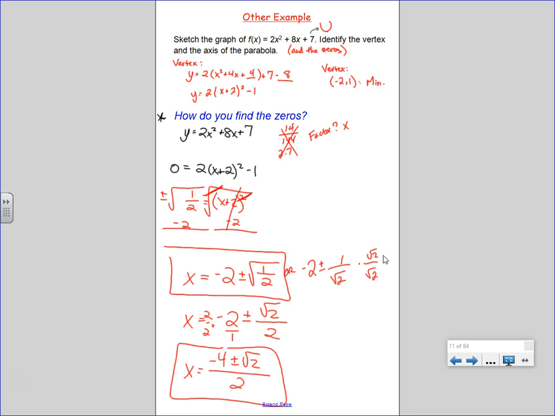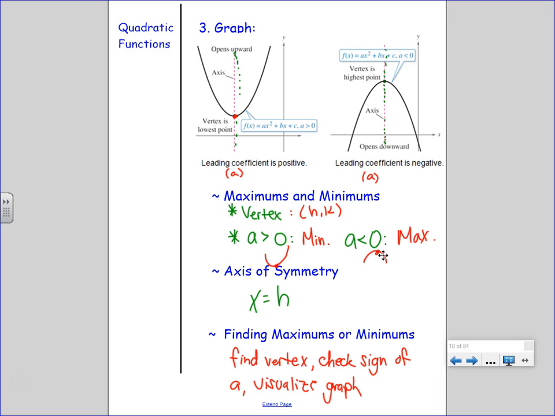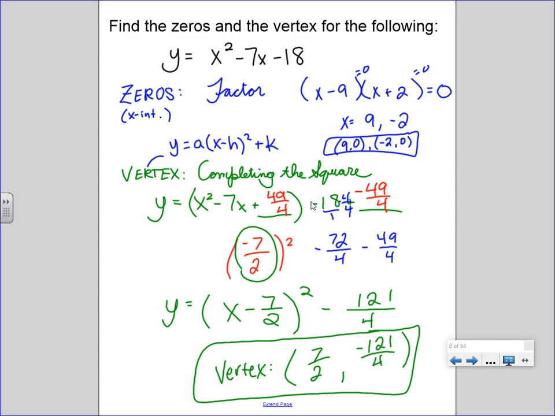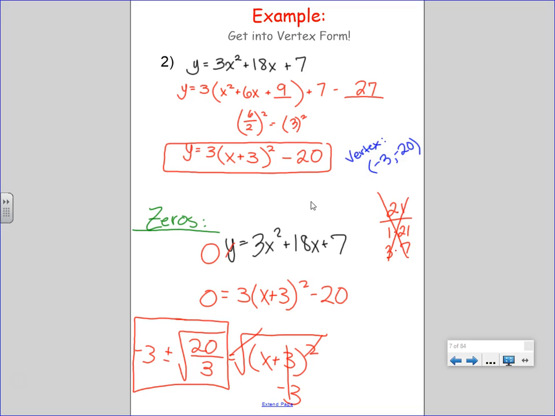And then what was in section 2.1? Parabolas. Oh, factoring. Good thing we reviewed that for a while, right? And then completing the square.